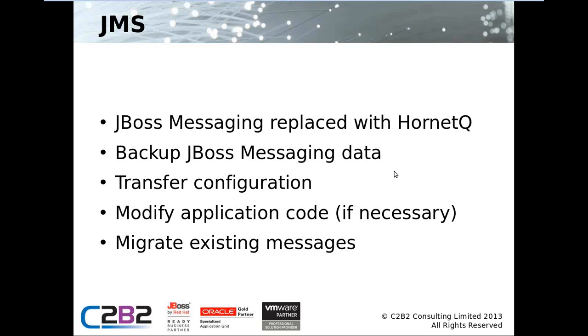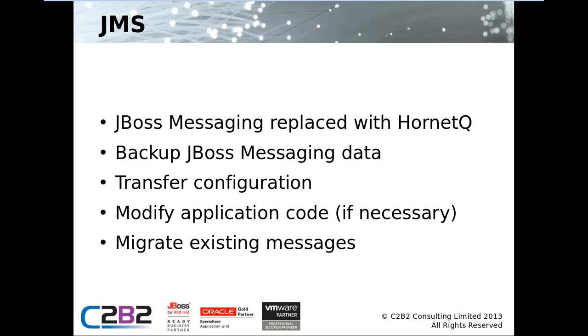Okay, so the big change in JMS is that JBoss messaging has now been replaced with HornetQ. So if any of your applications use JBoss messaging as the messaging provider, then you'll need to make changes to your application in order to use HornetQ. You need to look at backing up your JBoss messaging data.